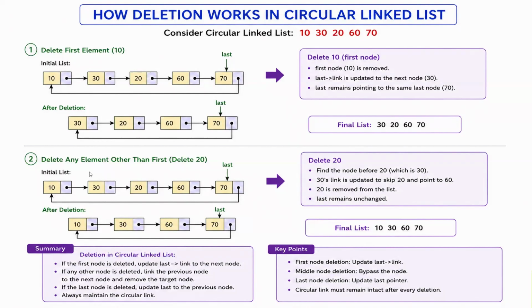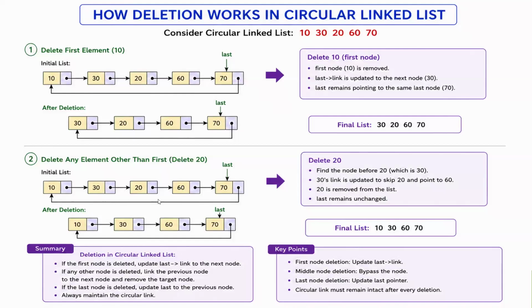If you want to delete any element other than the first, suppose you want to delete 20 in the given circular linked list, then we will find where 20 is present. We can observe that 20 is present at position 3. Then the previous corresponding node, that is the address of 30, must be changed such that 30 gets linked with element 60.